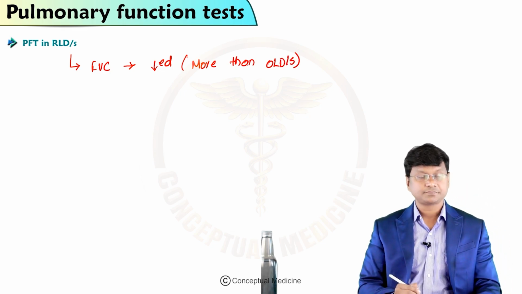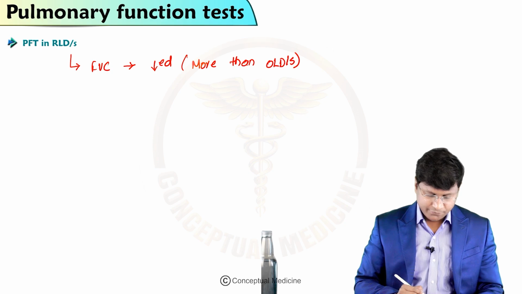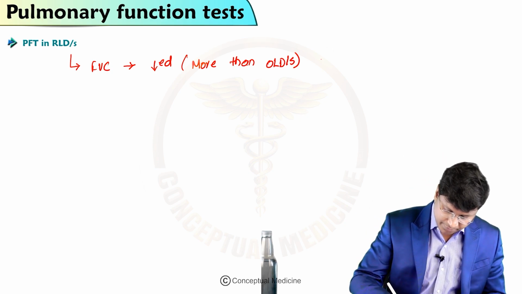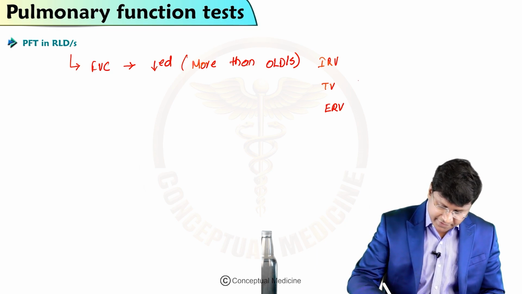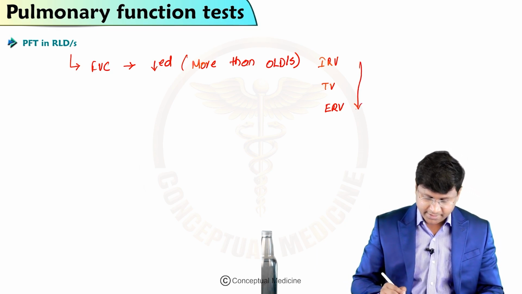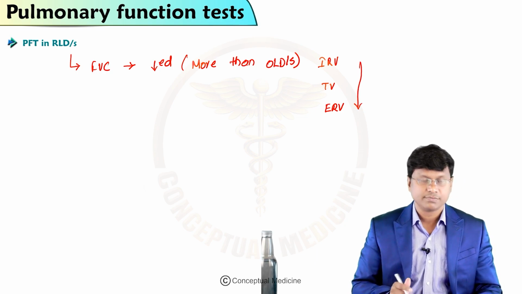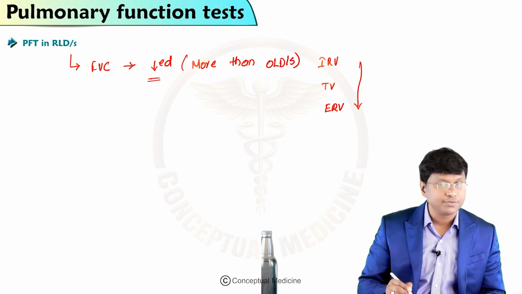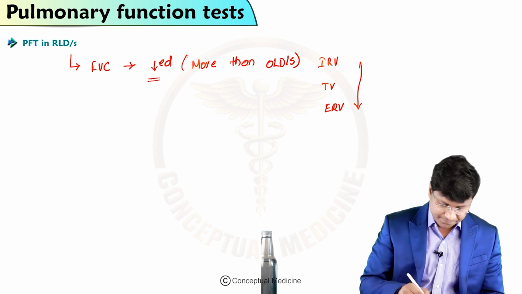Okay, why? Because in the forced vital capacity, as we have already discussed, what are the components? Inspiratory reserve volume, tidal volume, expiratory reserve volume. Now everything is reduced here in restrictive lung diseases, but it was not the same in obstructive lung diseases. So that is the reason why FVC is decreased more compared to obstructive lung diseases.